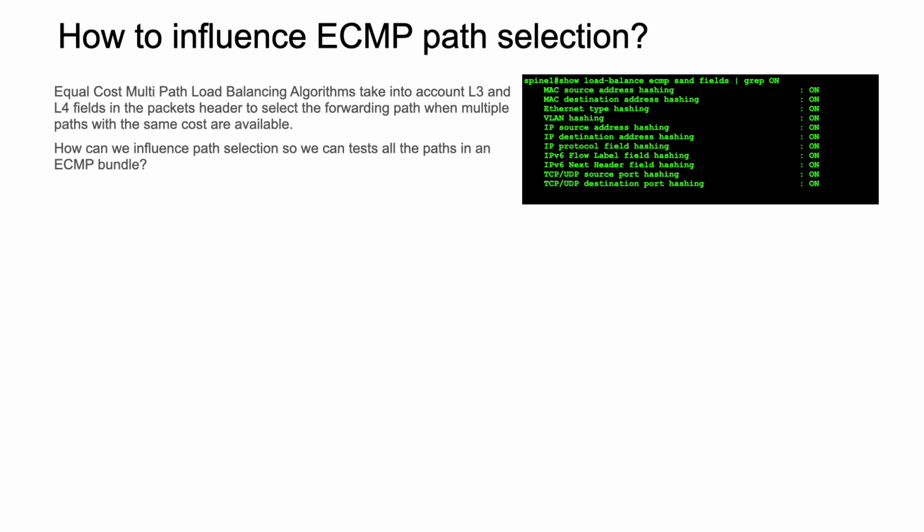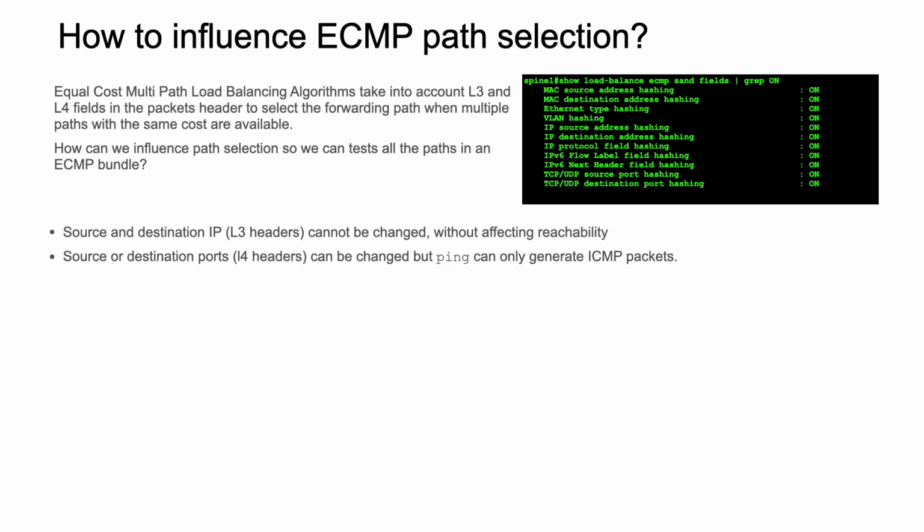Which fields do we need to change to make that happen? Source and destination MAC and IP cannot be touched without compromising reachability. ICMP packets are Layer 3, hence do not have a concept of port. We need some tool to generate L4 traffic and modify source and destination ports.